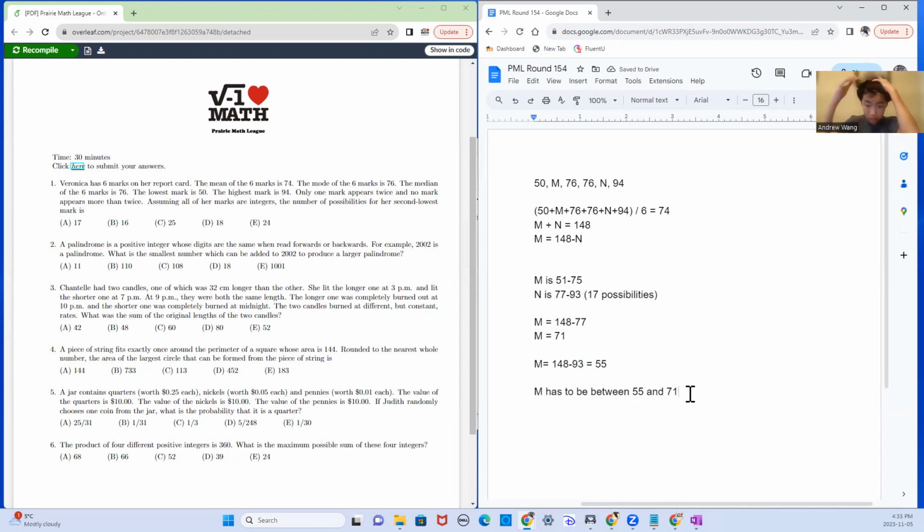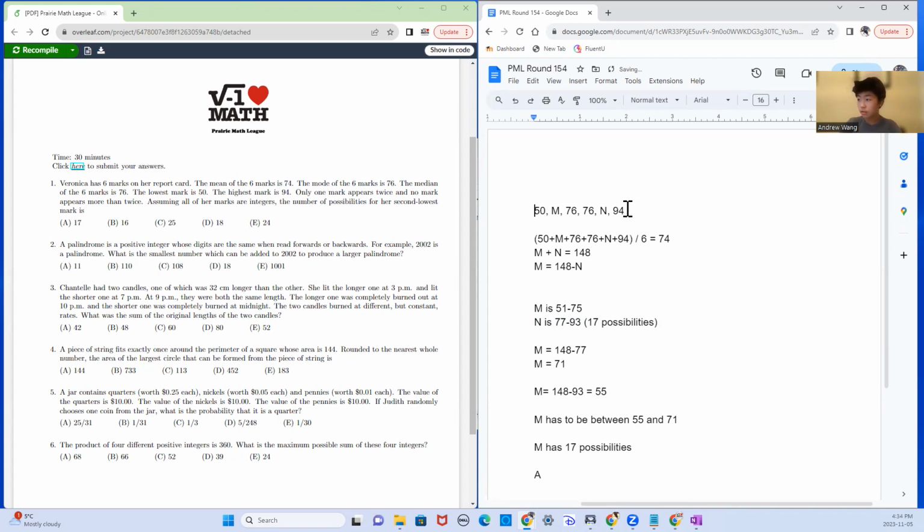If you list them out, you will get 17 possibilities in total for M, which is the second smallest mark. So the answer to the first question is A.